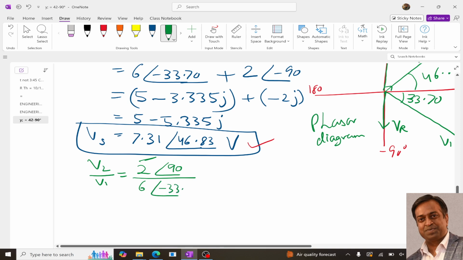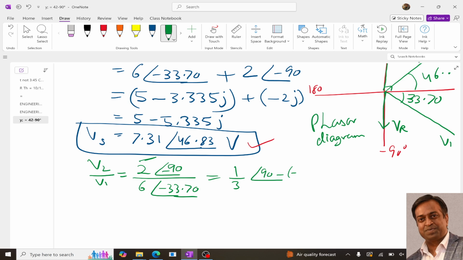So simply we will get 1 by 3, angle will be 90 minus minus 33.70, so it is 1 by 3 angle 56.3. So this is the ratio.